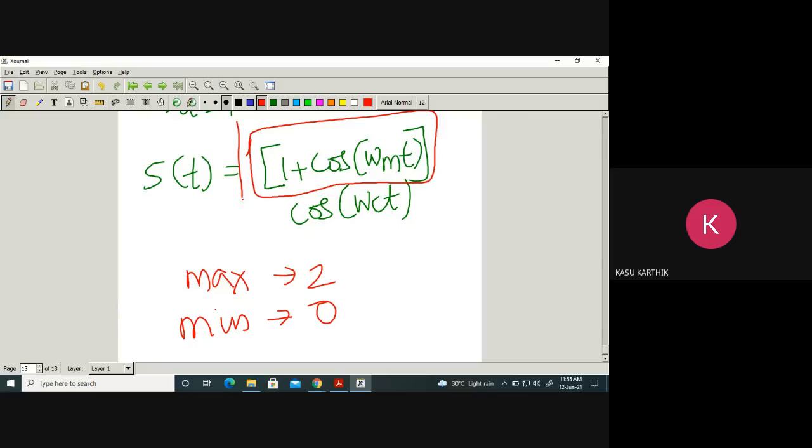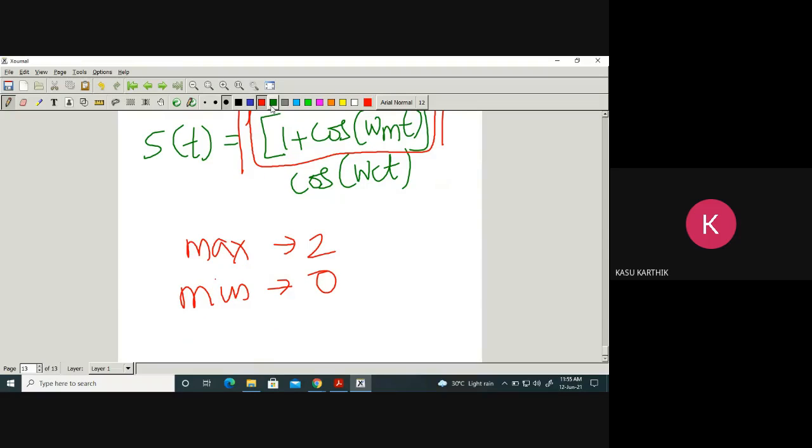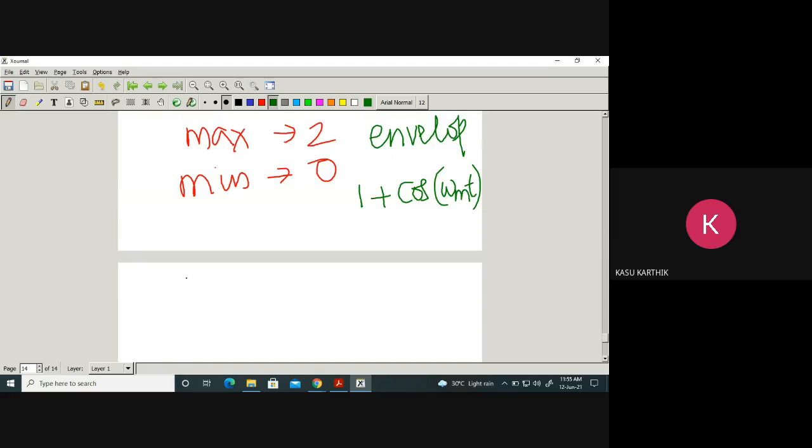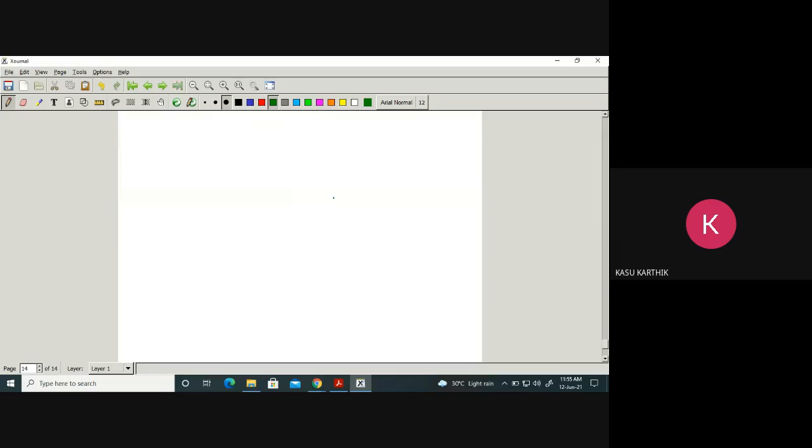If you take mod also, it remains the same. It is not negative. So what is the envelope? The envelope is nothing but the positive envelope, 1 plus cos omega mt. Draw this waveform. How does it look? It is just shifted by 1. The cos waveform is shifted by 1. How does it look?